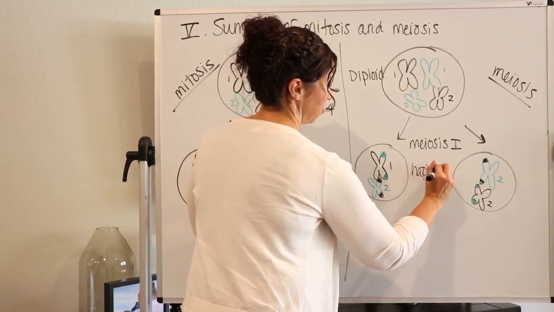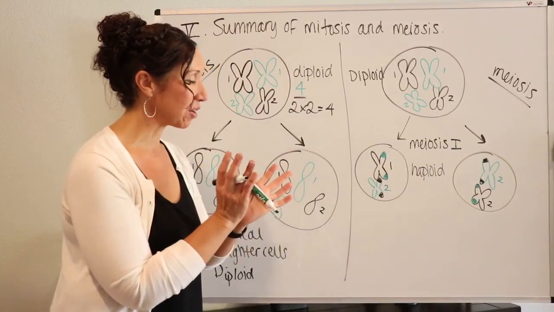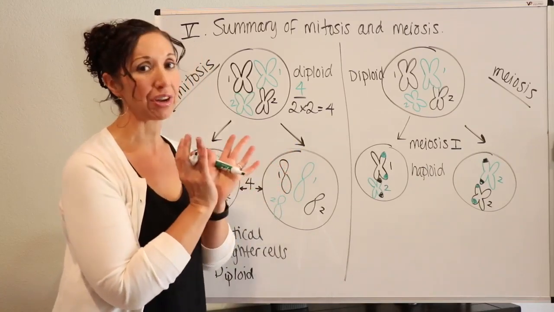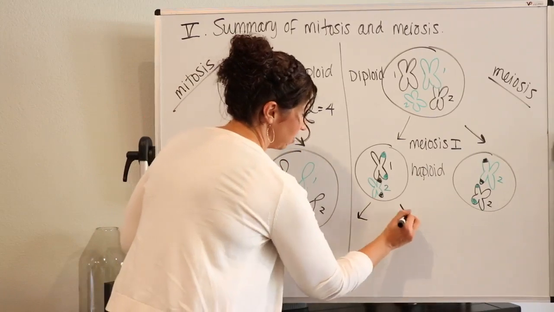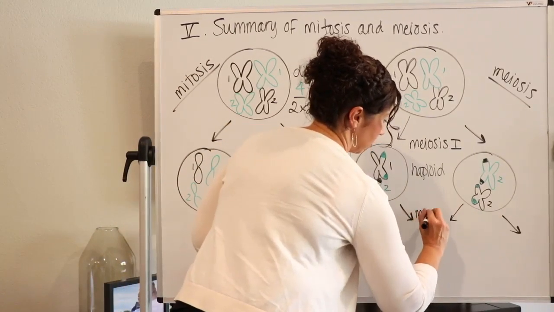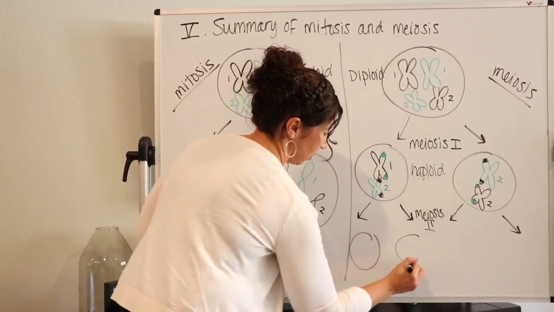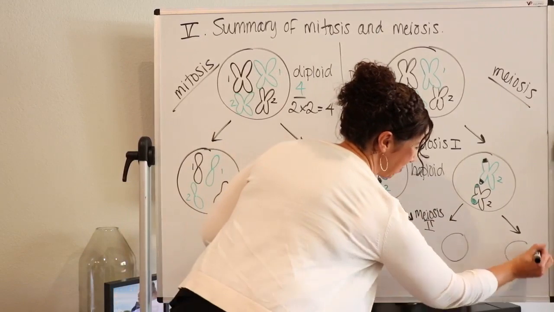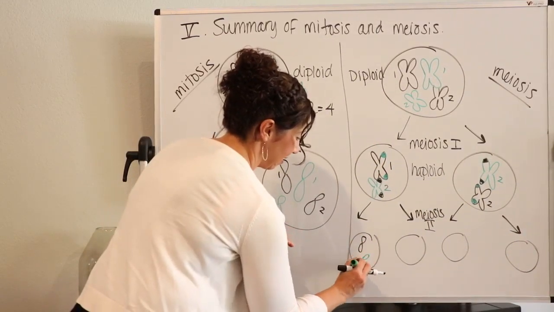At the end of meiosis 1, you've now created 2 haploid cells, but they're still in their sister chromatid shape, but they're not identical sister chromatids anymore. So meiosis 2 gives you 1 more split to create, I'm going to really shrink these cells down, I apologize, to create these cells.